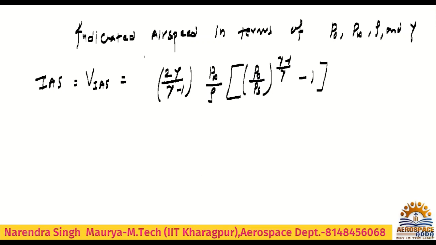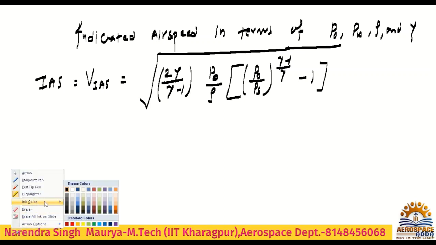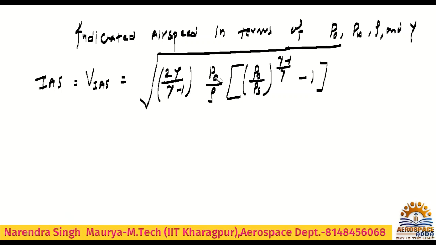And this is nothing but in root. This is the derived formula, so no need to derive here. You just simply remember this. This is the P naught, meaning total pressure. Sorry, it is the P infinity.